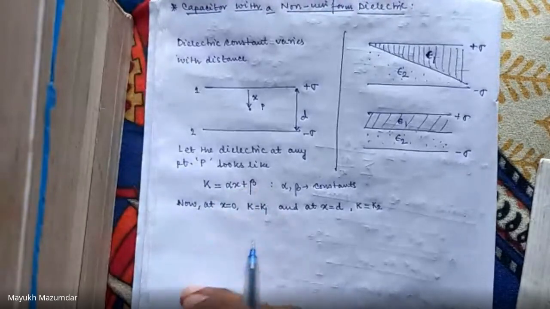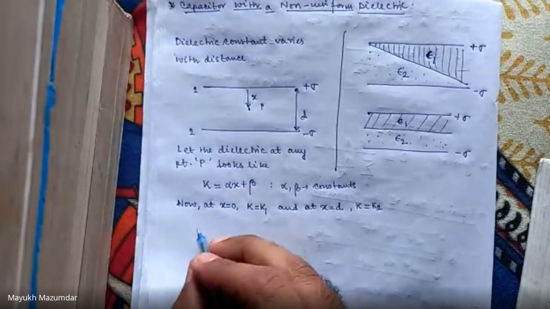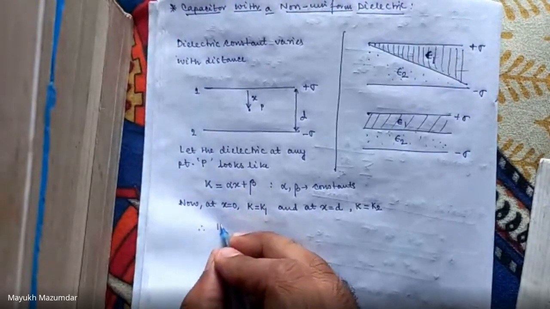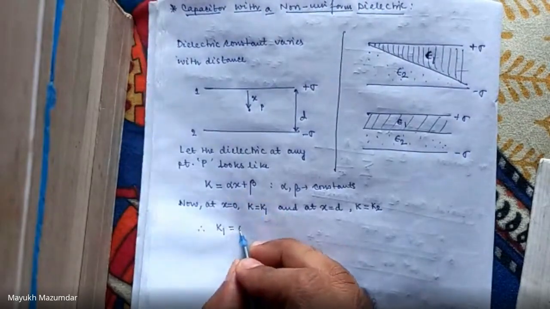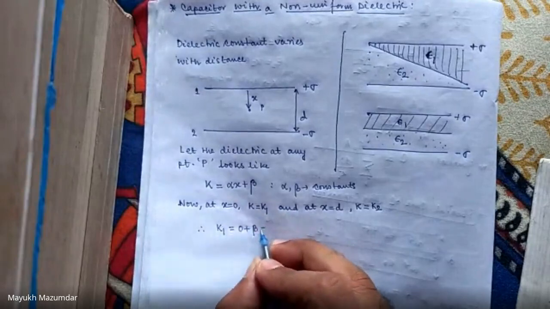Put these values here and let us try to find alpha and beta. So k1 is equal to, x is 0, so k1 is equal to beta.